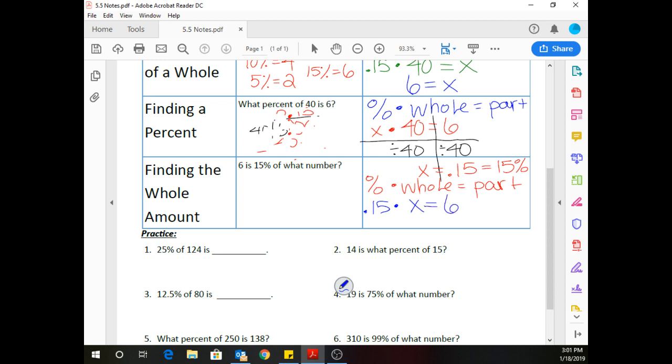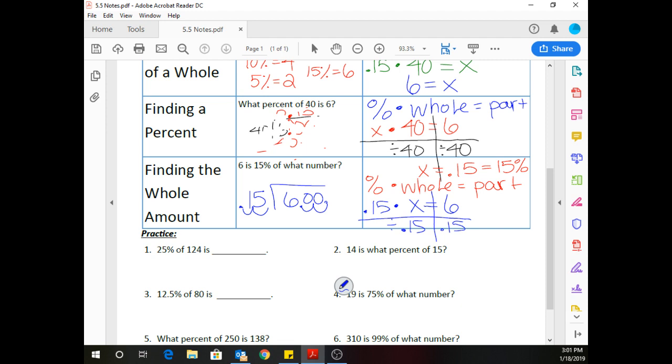Most of you did. So now you draw your balance bar. If you want to get x alone, you're going to divide by 0.15. So 6 divided by 0.15. How many times do I need to move my decimal? Twice. 1, 2. Everybody with me?